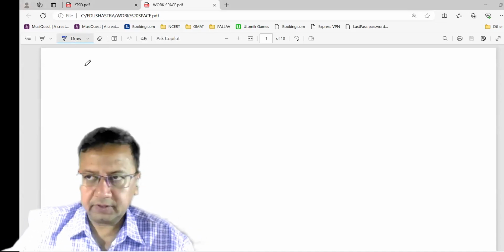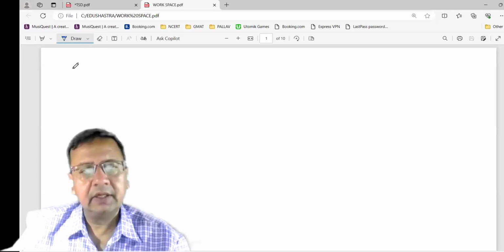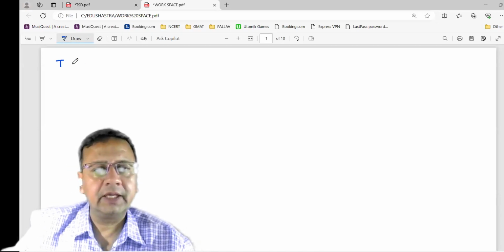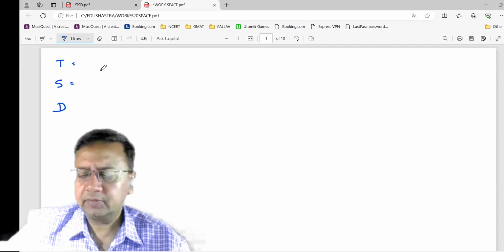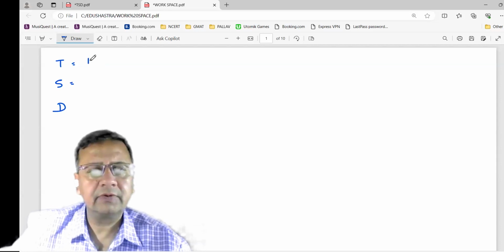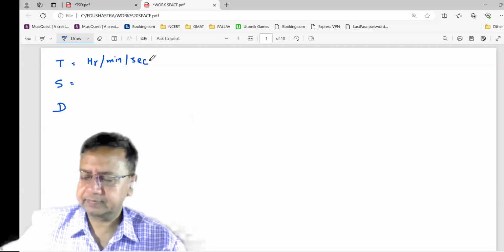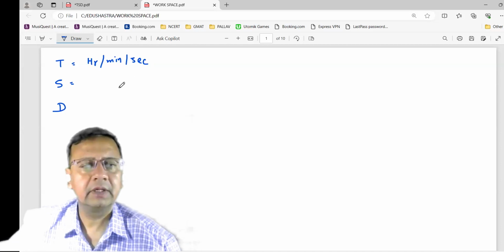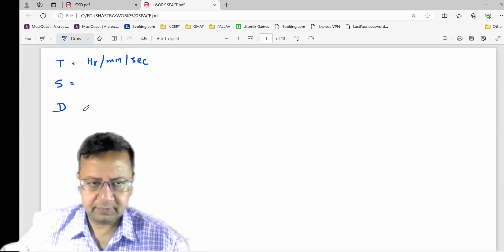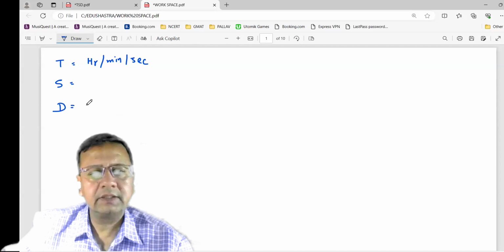So first of all, we are talking about the unit of measurement, right? We have time, speed, and distance. Time is normally calculated in terms of hours, minutes, or seconds, right? Distance is normally calculated in kilometer or meter.